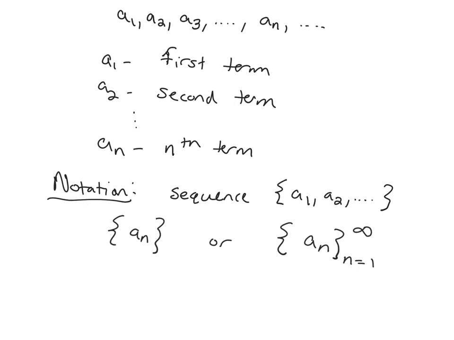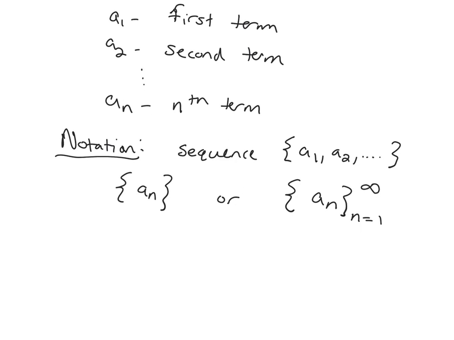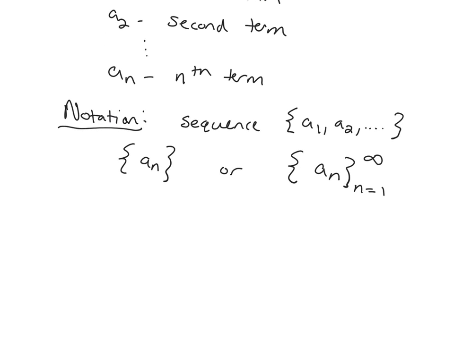All right, so when we come across a new definition, we want to see some examples, right? I need to understand what these things look like, which is sometimes hard to do from the definition. So let's just start with some examples of sequences.